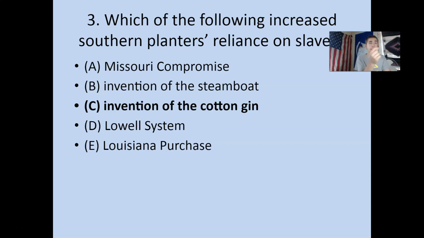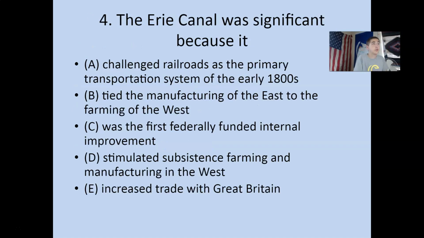The correct answer is C, because remember, the invention of the cotton gin was seen as very popular and increased the demand for slaves. More slaves equals more cotton equals more money. Remember that diagram I showed you.